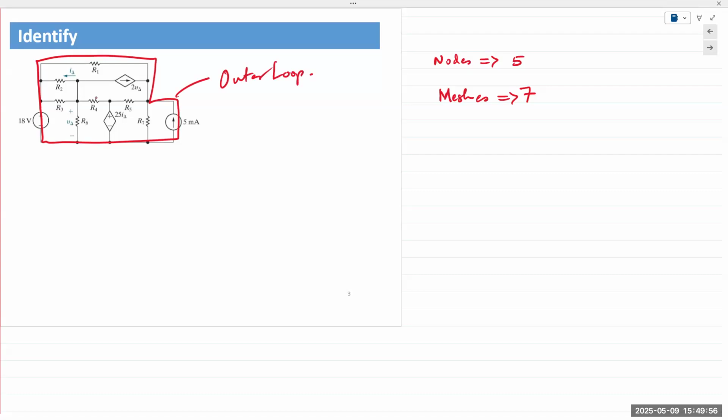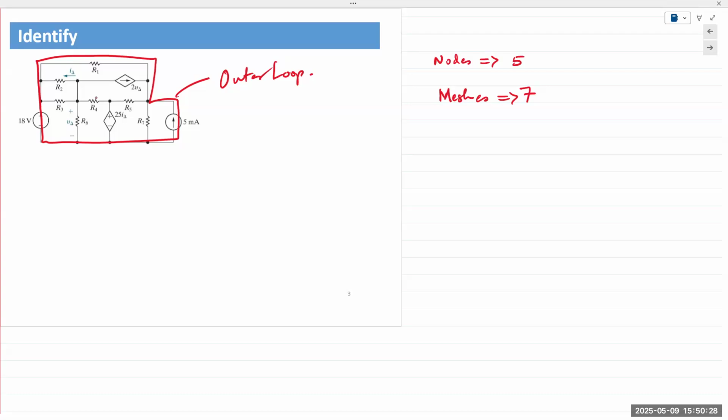Now here's the difference between a loop and a mesh. We counted 7 meshes, so there are 7 loops. Every mesh is a loop, but every loop is not a mesh. Now we have one big outer loop. This outer loop is not a mesh because it contains other meshes inside it.